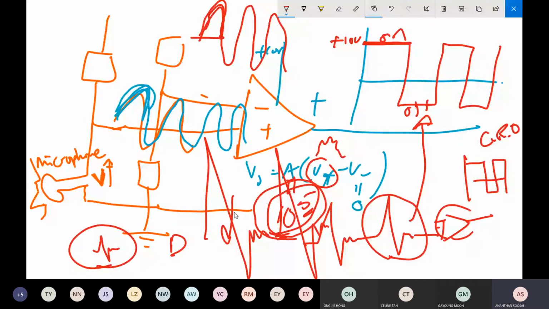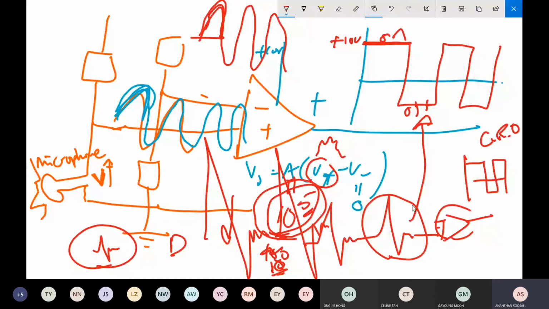We can reduce the gain to maybe 100 or maybe 10. If you make the gain 10, this wave can be amplified 10 times, and the pattern can be retained. So the biggest problem the industry faces is how to reduce the gain of the op-amp.